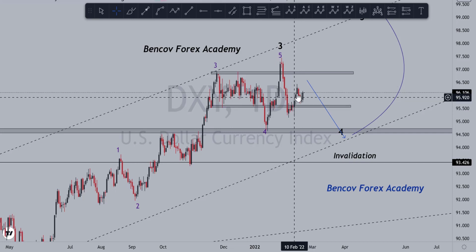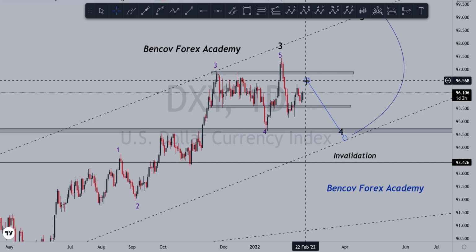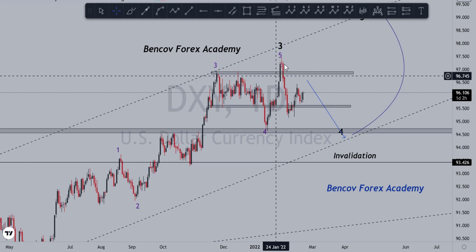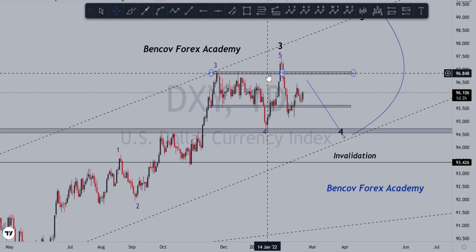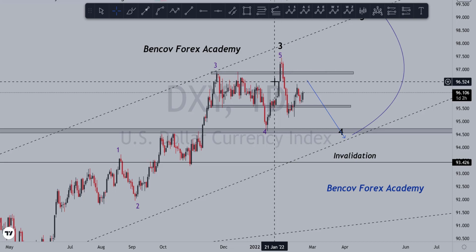It has been pushing to the upside as we expected, and we were expecting it to push up to this area of this order block, and we are not expecting this order block to be traded through the mean threshold, which is the 50% Fibonacci level of the body of this candlestick. So we are expecting this to be coming back to this area as we discussed in the previous video.